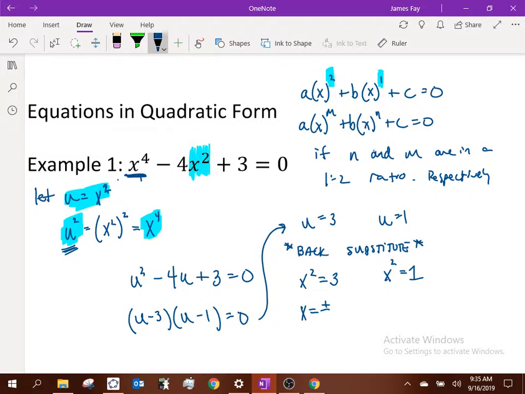Just remember when you introduce the square root, it's plus or minus. We get 4 solutions, and that matches up to the 4th power that we had in our original equation.